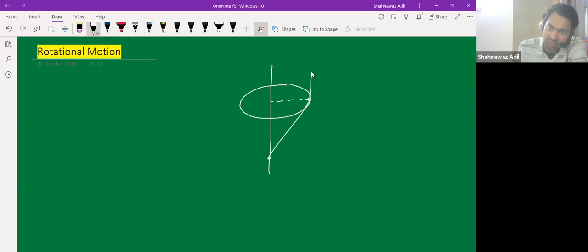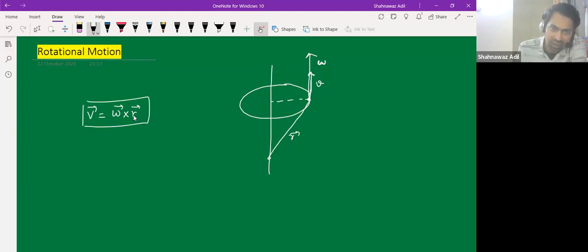And this is tangential, this was the linear velocity. This was r, and perpendicular was this angular velocity. So this angular velocity, we calculated this was omega cross r, right?